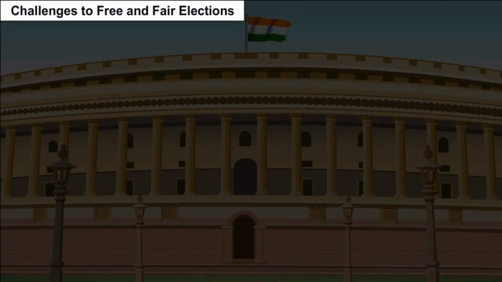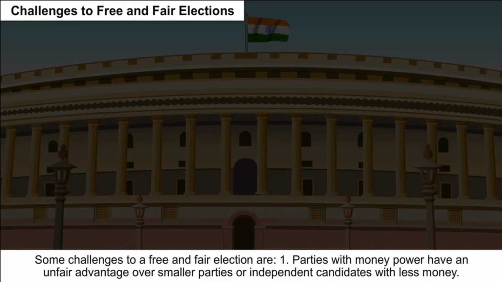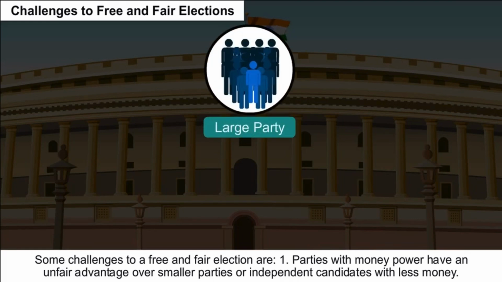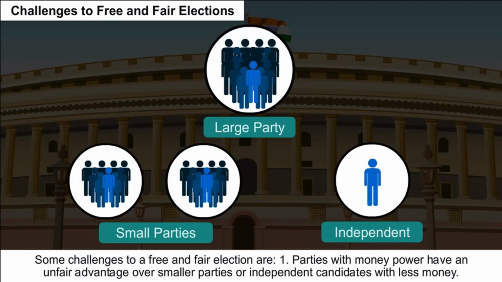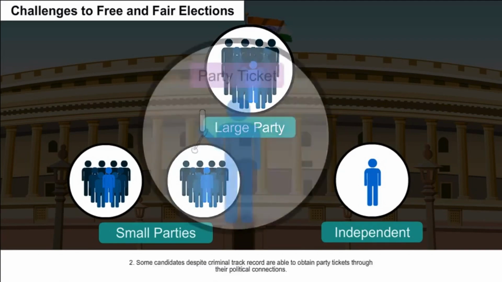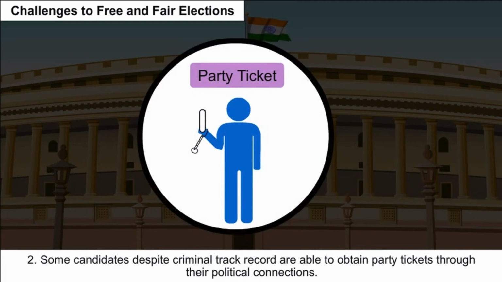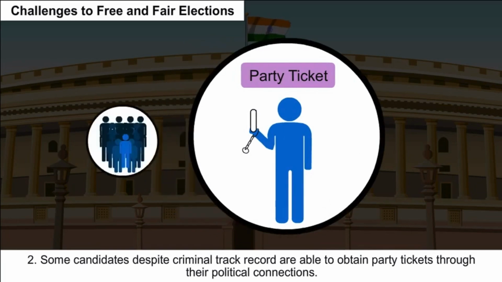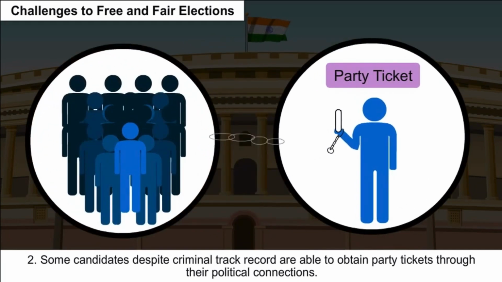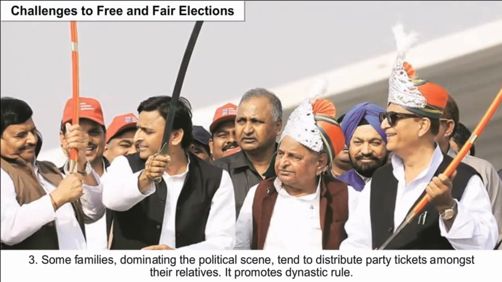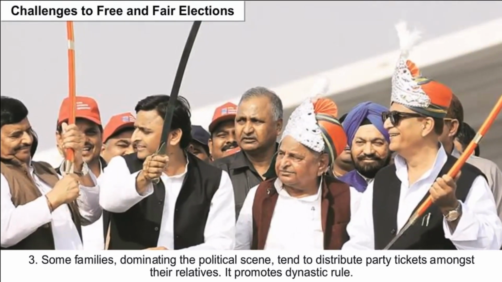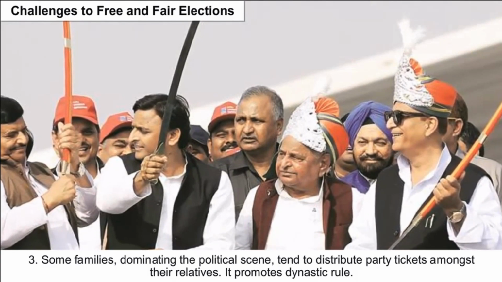Challenges to free and fair elections. Some challenges to a free and fair election are: 1. Parties with money power have an unfair advantage over smaller parties or independent candidates with less money. 2. Some candidates, despite criminal track record, are able to obtain party tickets through their political connections. 3. Some families dominating the political scene tend to distribute party tickets amongst their relatives.